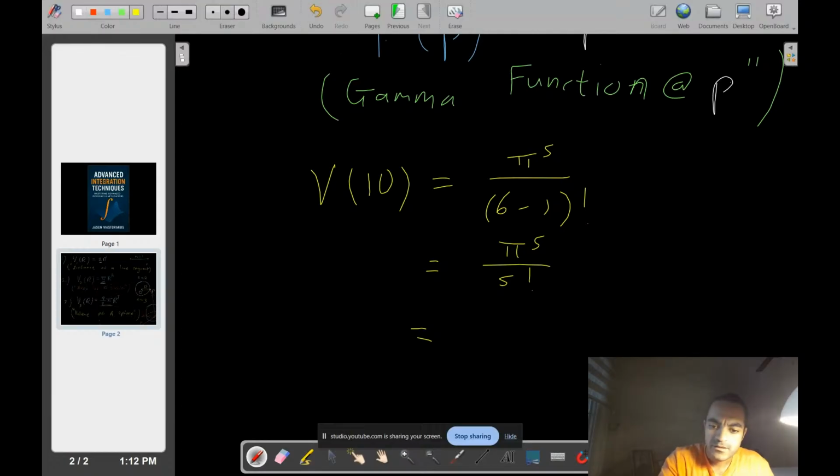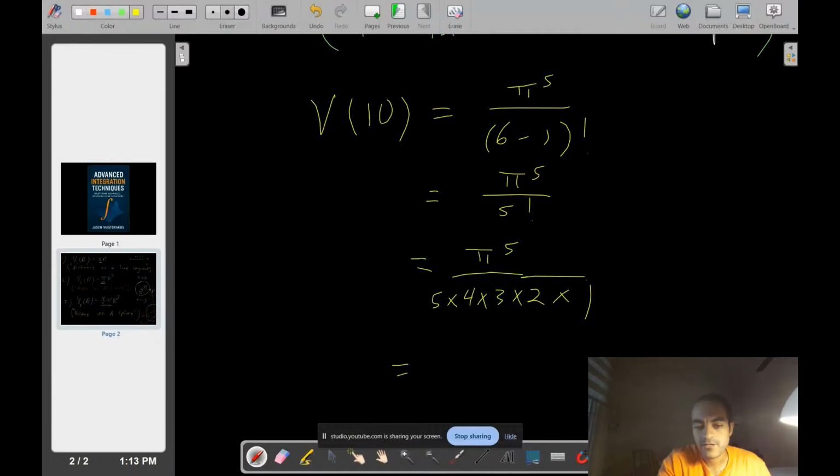Then from here, you will notice that pi to the 5th over 5 factorial. 5 factorial is just 5 by 4 by 3 by 2 by 1. N factorial is always n times n minus 1 times n minus 2, and so on. So you're always multiplying by n minus 1 of the previous term.